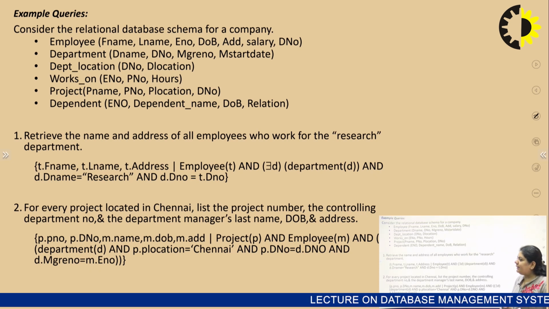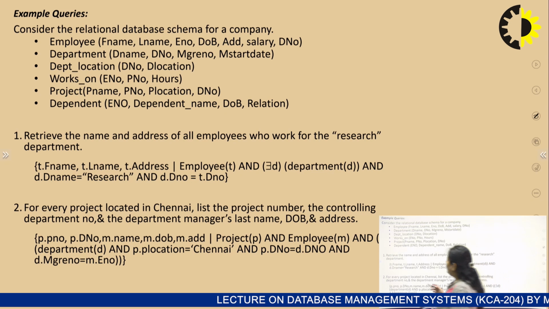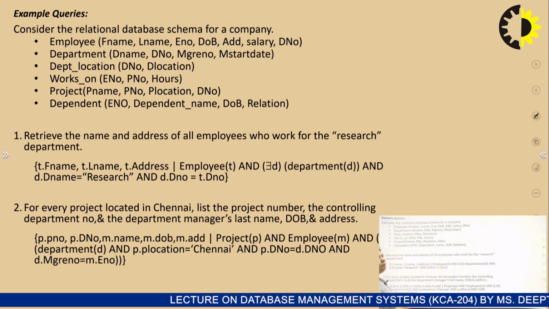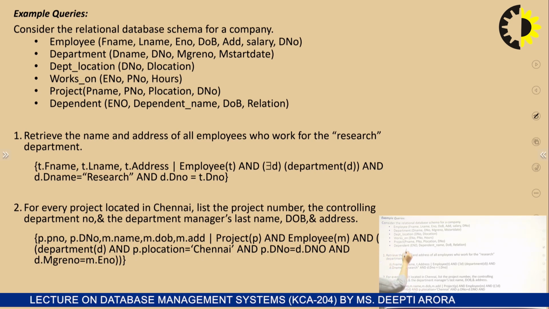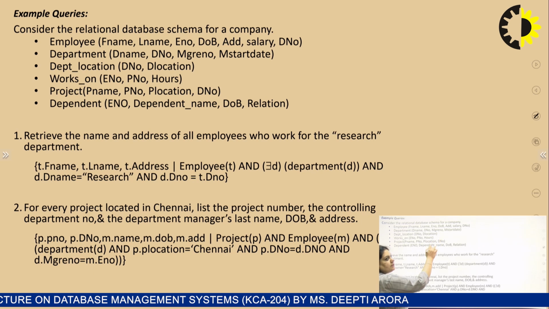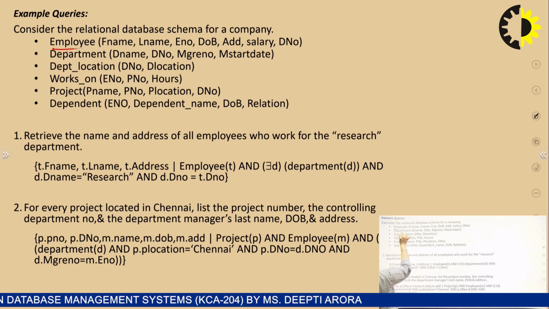Okay, let's see one example query here. Consider a relational database schema for a company. How can we retrieve data from the database through this? We have a relational database schema company in which we have the relations employee, department, department location, works on, project, and dependent.